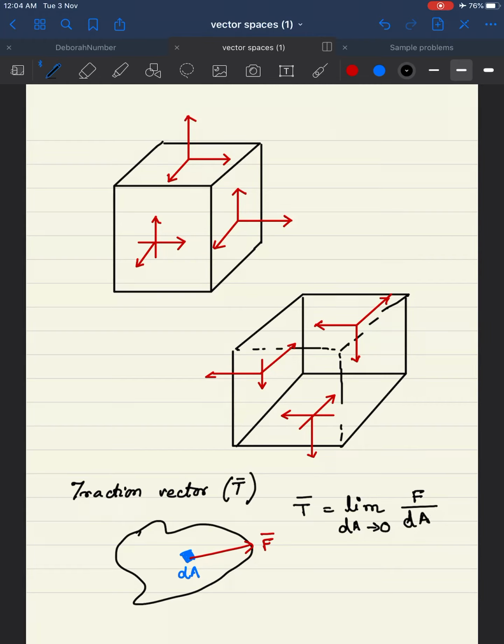So I have a small surface area here and I am trying to figure out how much is the force. Now here I am defining a new type of vector which has the units of force per unit area.